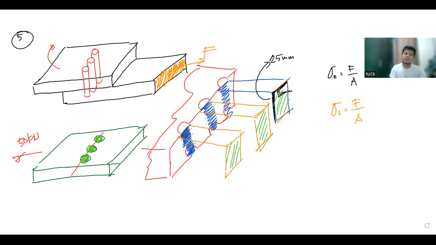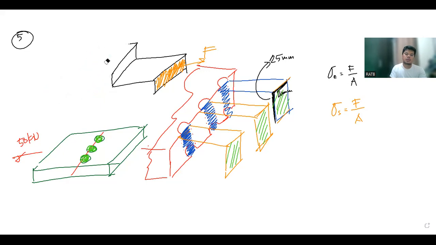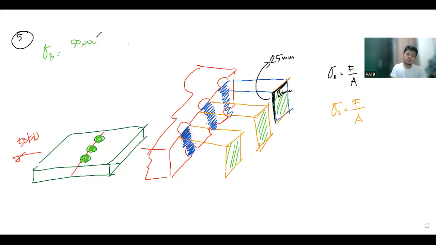Therefore, if we use the formula, the bearing stress is the force, 50,000 Newton, divided by 3 because you have 3 rivets, over the projected area, which is the area of a rectangle, length times width.